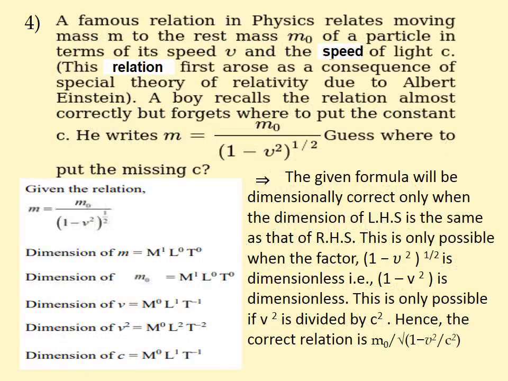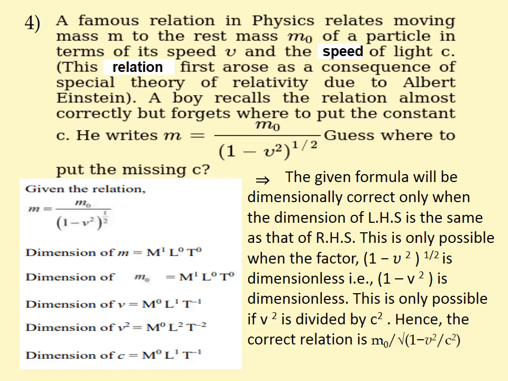Fourth question is, a famous relation in physics relates moving mass m to the rest mass m0 of a particle in terms of its speed v and the speed of light c. This relation first arose as a consequence of special theory of relativity due to Albert Einstein.